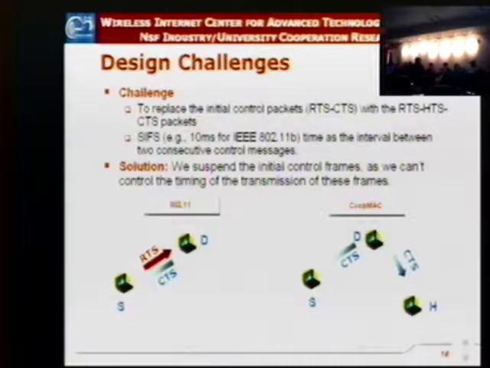Unfortunately, we couldn't do that because we can't change the functionality of the firmware. So for the moment we suspended the control packets and we transmit the data packets directly in the two hops.